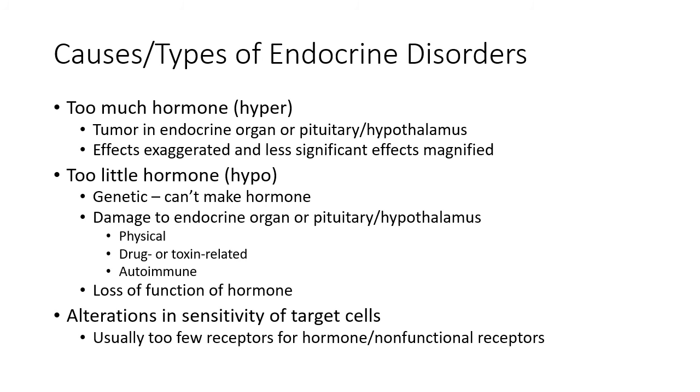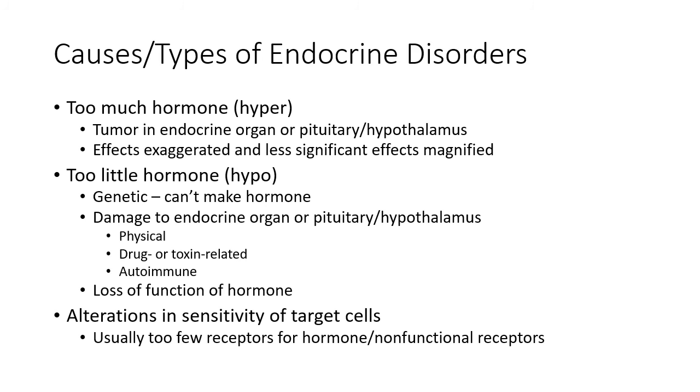Whenever you have too much of a hormone, all those little smaller secondary effects are going to be more noticeable, and they may become symptoms of that disorder. If you have too little hormone, there's a couple of reasons that might happen. First, you could have a genetic problem, and you're not able to make the hormone in the first place.